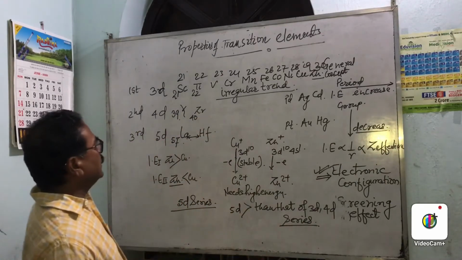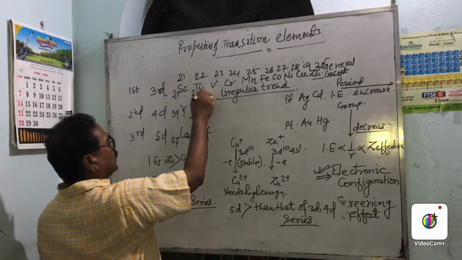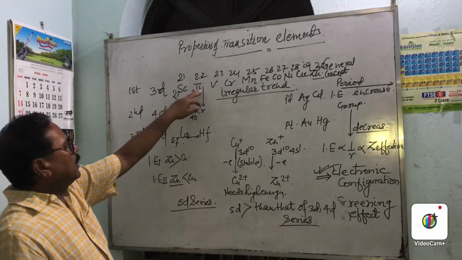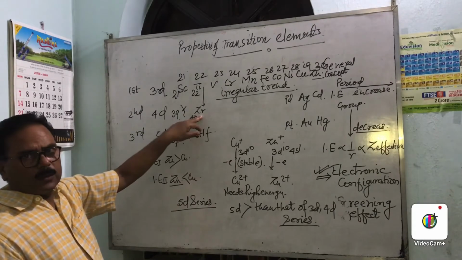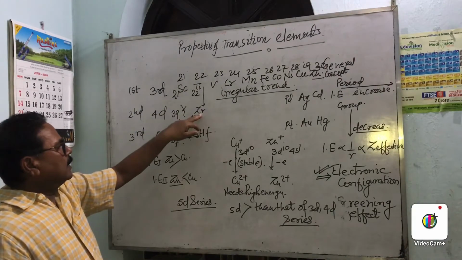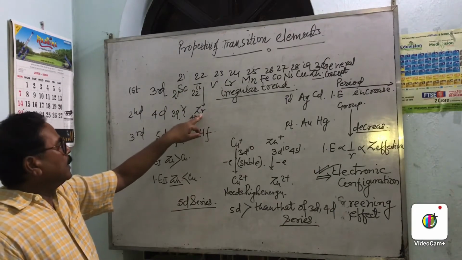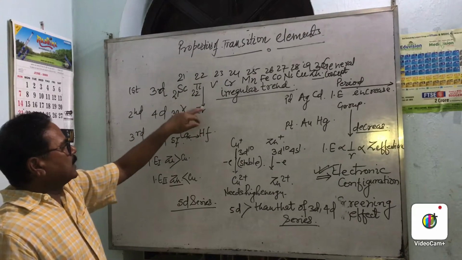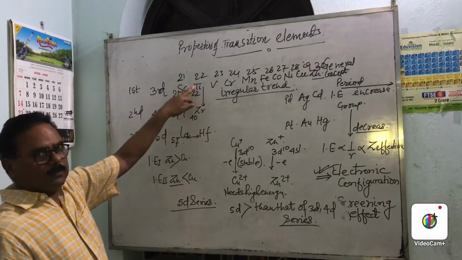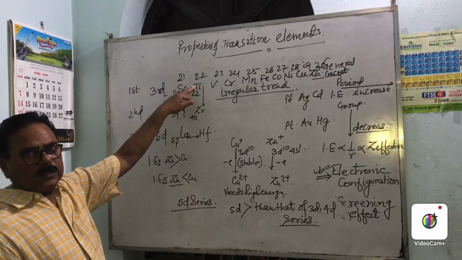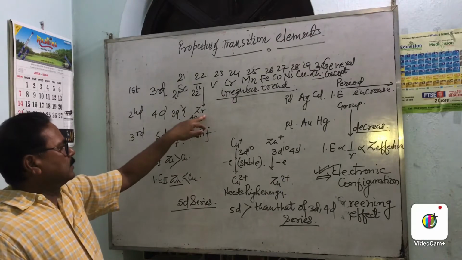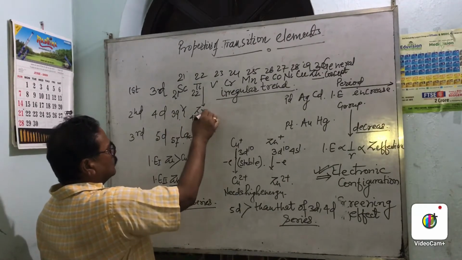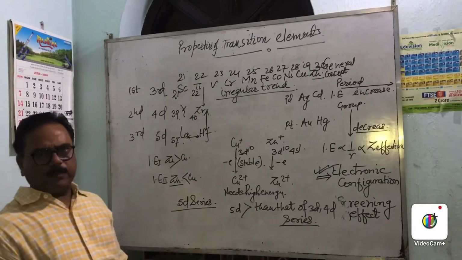So here, when we come from zirconium to hafnium, what about the size? In a group, radius increases and ionization energy decreases. So titanium will have higher ionization energy than zirconium. Now, when we go from zirconium to hafnium, what will happen?